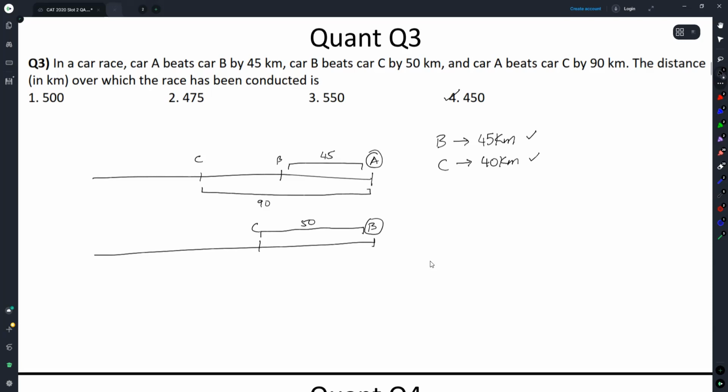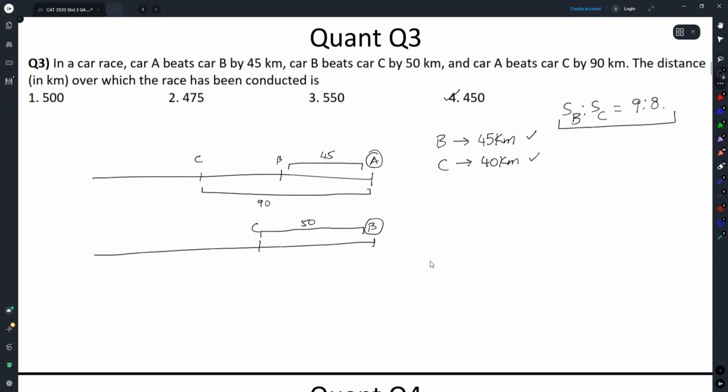Times are identical. Therefore, the ratio of distance is also the ratio of their speeds. Any which way you want to push it. So speed of B is to speed of C is equal to 9:8.